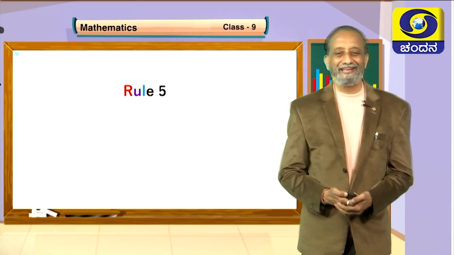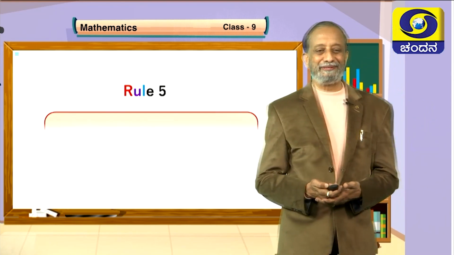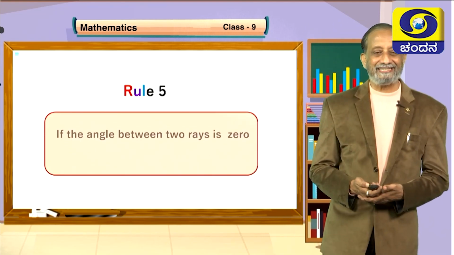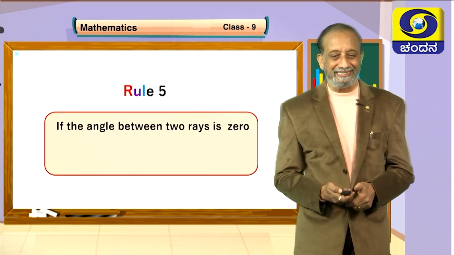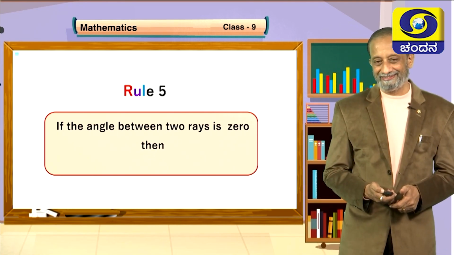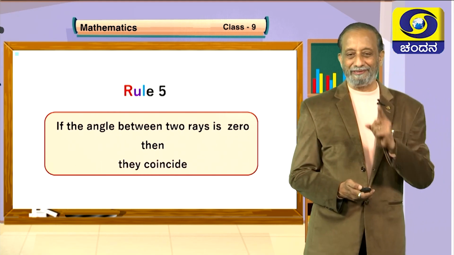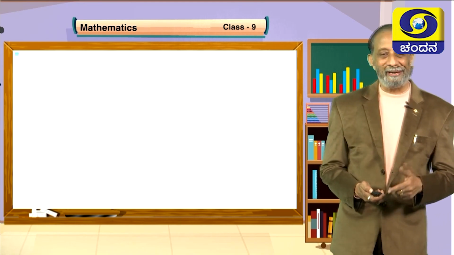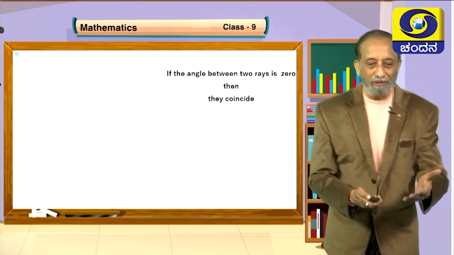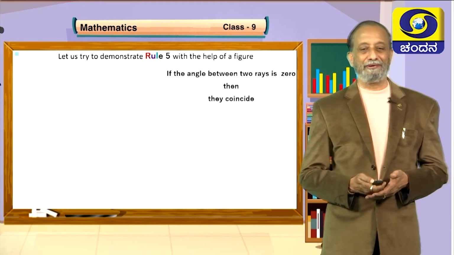Let us go to the last rule, children, rule number 5, which states that if the angle between the two rays is 0 degrees, then what can you say? Don't you think they will coincide with each other? Yes, let us try to understand this with the help of this beautiful animation. Okay, here it is.